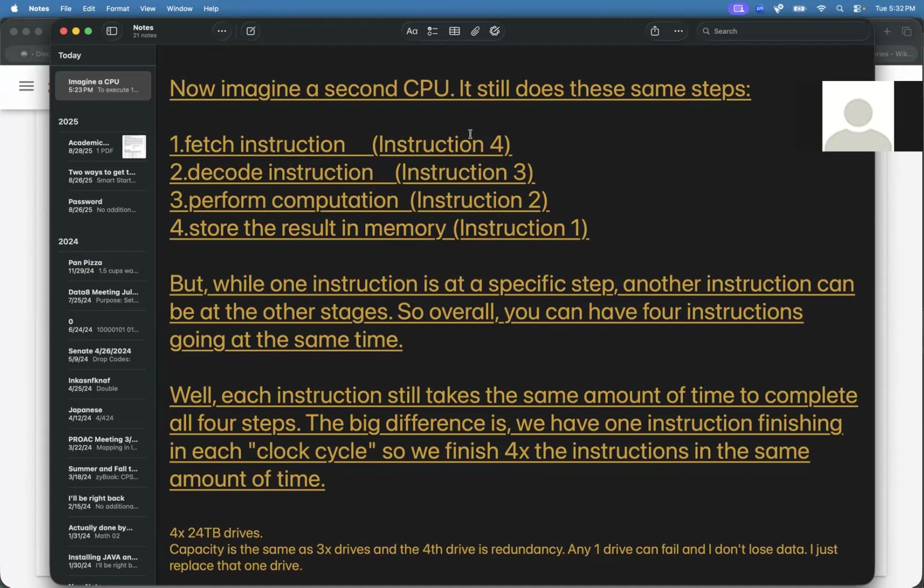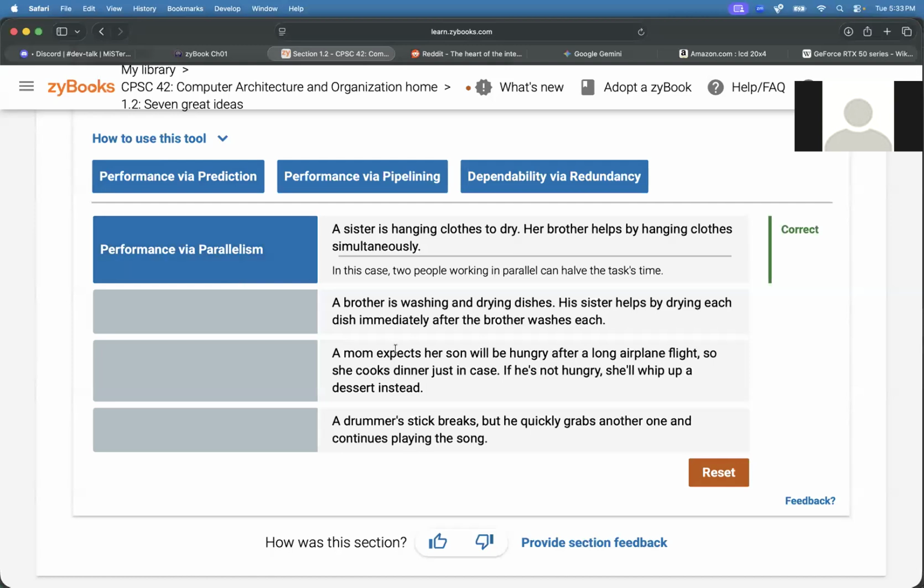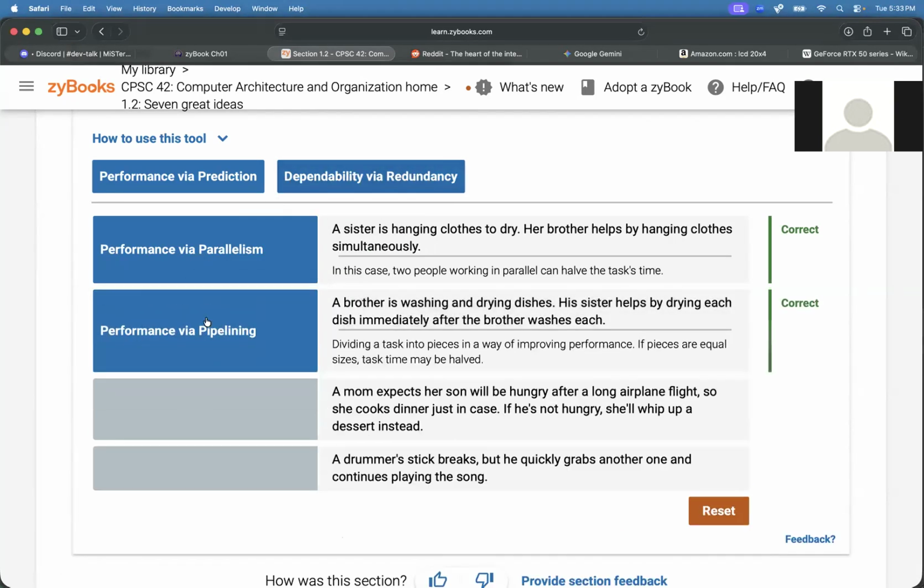That way all the hardware is busy all the time. That's pipelining. So here it says a brother is washing and drying dishes. His sister dries each dish immediately. So he's washing and she's drying. That's pipelining, right? So you can do things faster this way.